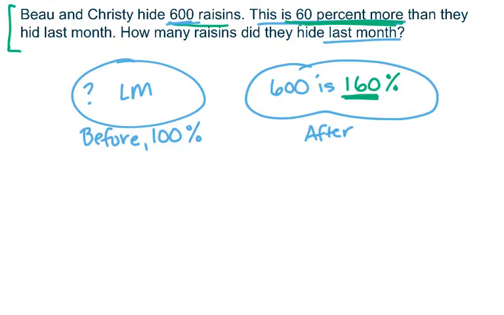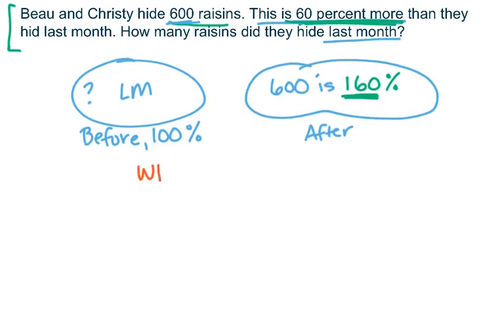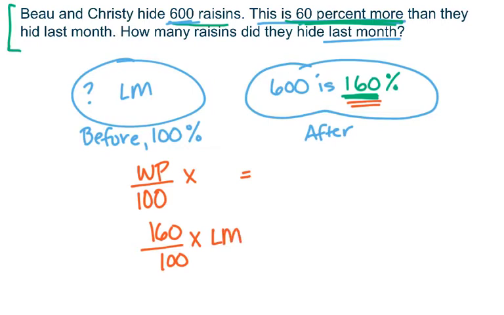So if we use the same formula we did before, saying what percent of something equals something, we will fill this in by saying 160% of last month's is 600.